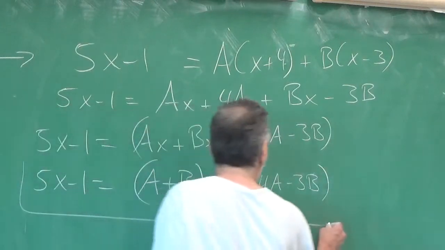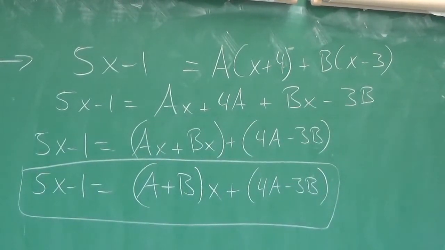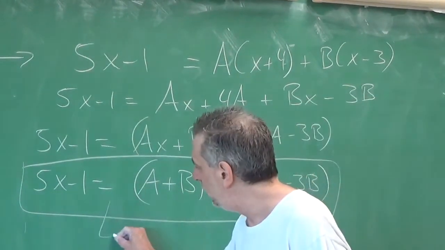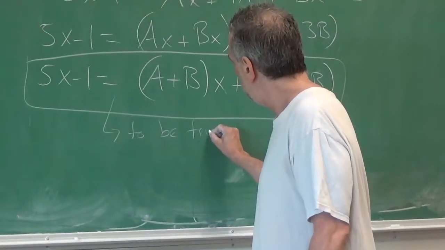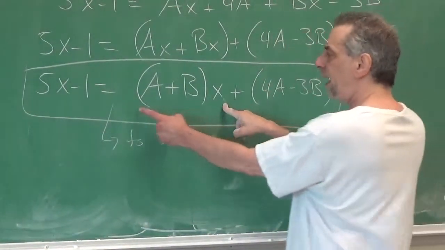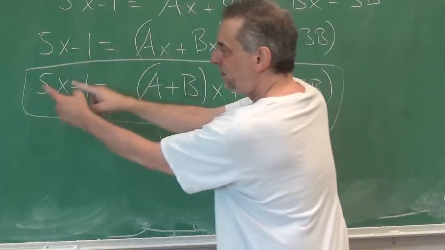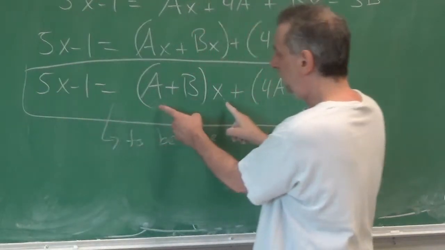Now this is going to lead us to a system of two equations with two unknowns. For this equation to be true, the number in front of x on the right-hand side of the equation has to be the same as the number in front of x on the left-hand side. So 5x, this has to be the same.